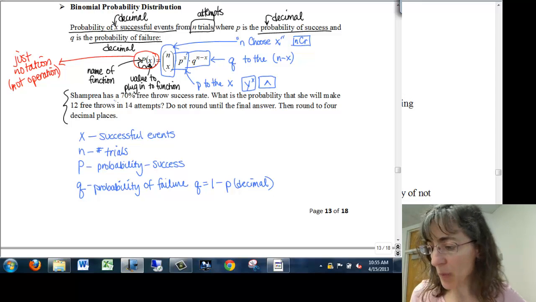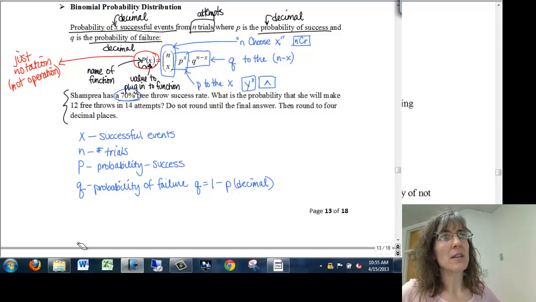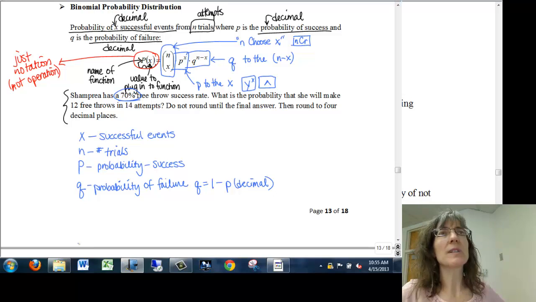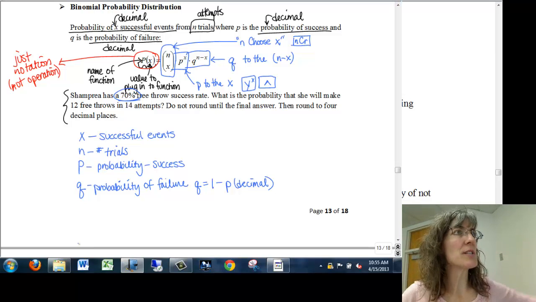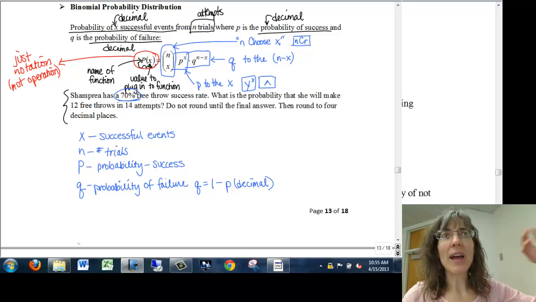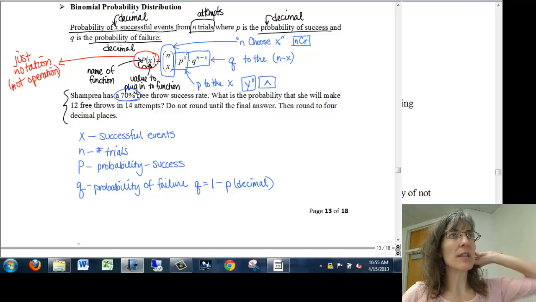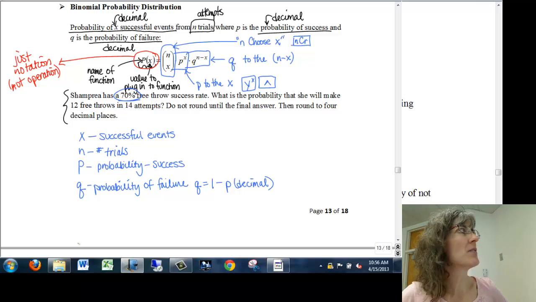So if we have a percent, that's her success rate. It says that's her success rate. 70% free throw success rate. So that means over several games that she's played in, when you added up all her rates and divided by how many times you collected data, her rate was 70% success.